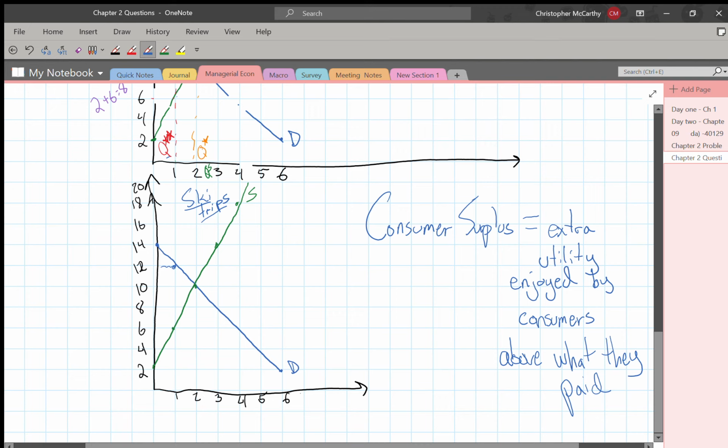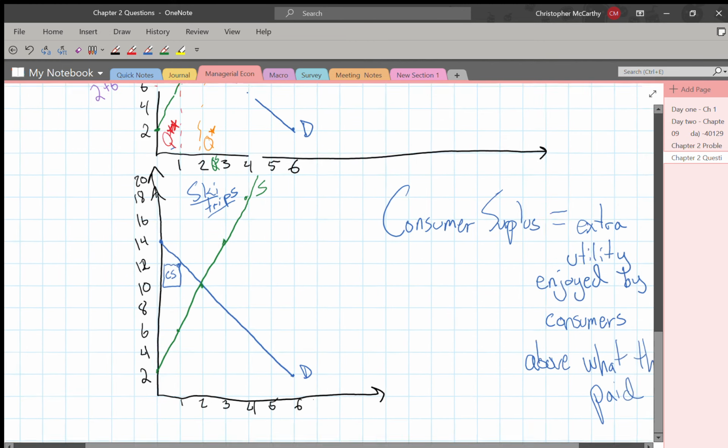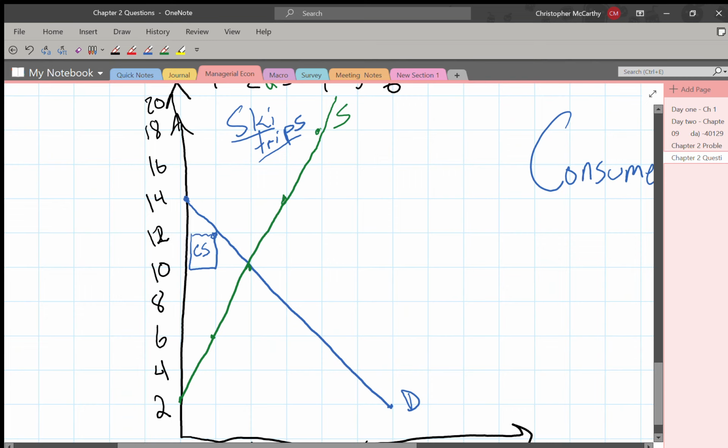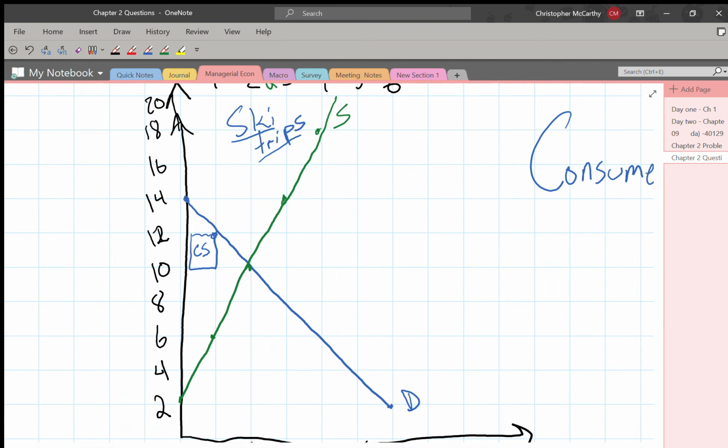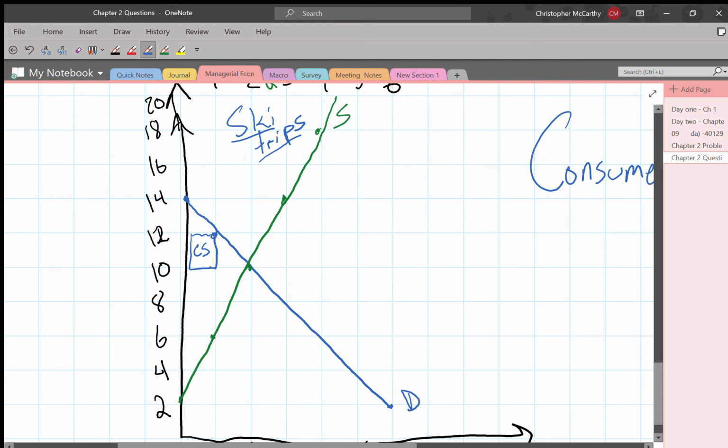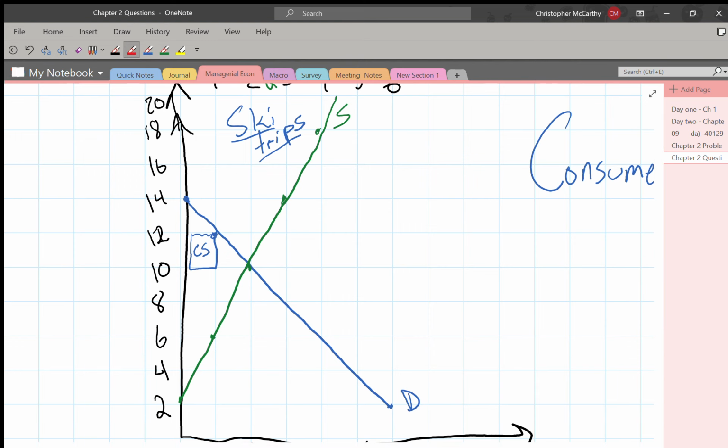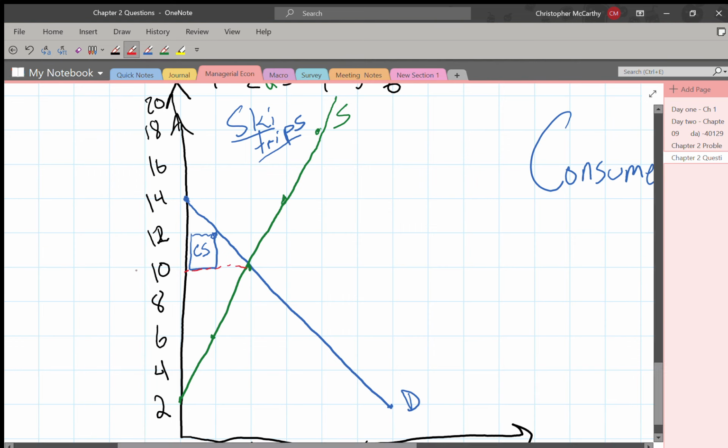And so the person who was willing to pay $12,000 but only paid $10,000 has what's called consumer surplus. So they get a little bit of extra utility, right? So any area that's underneath the demand curve but above the equilibrium price, all of this is consumer surplus.